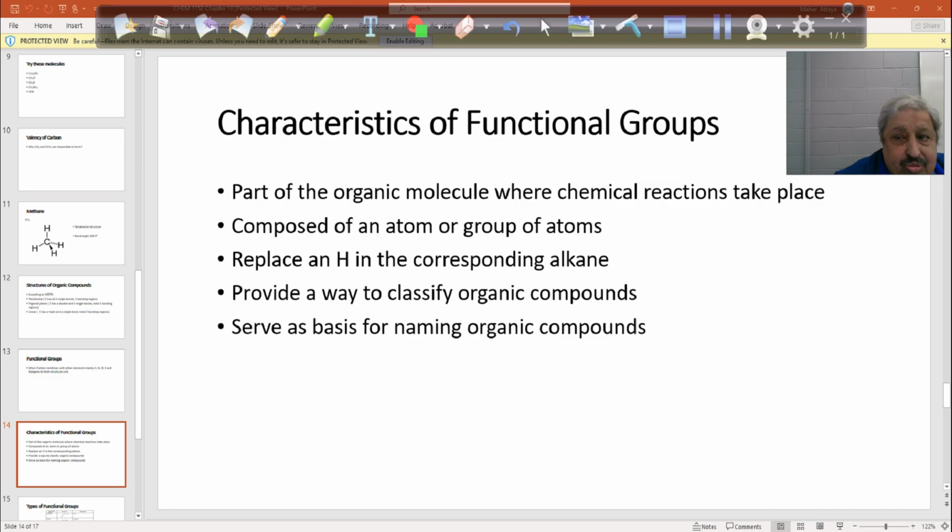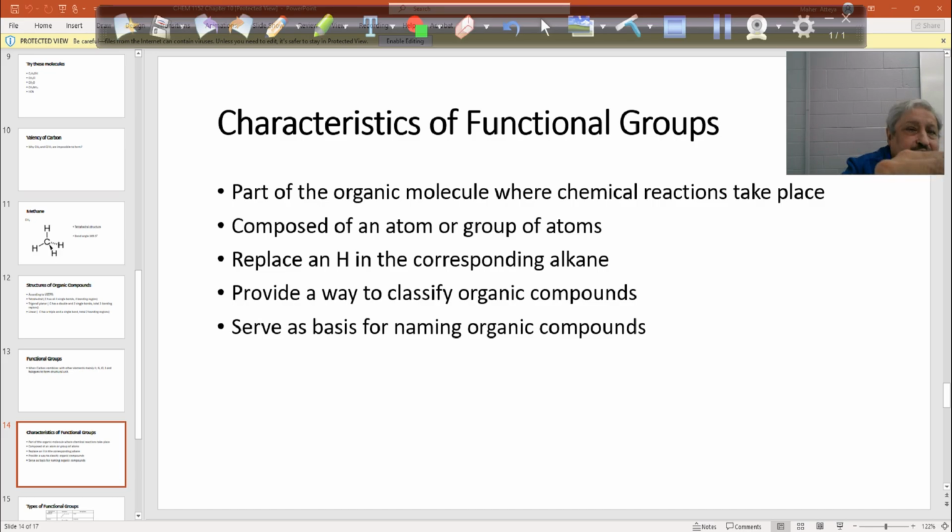So when you add those functional groups, it is no longer an alkane per se, it's a compound with different physical and chemical properties. It's totally different from what you started with. Correct? Different.